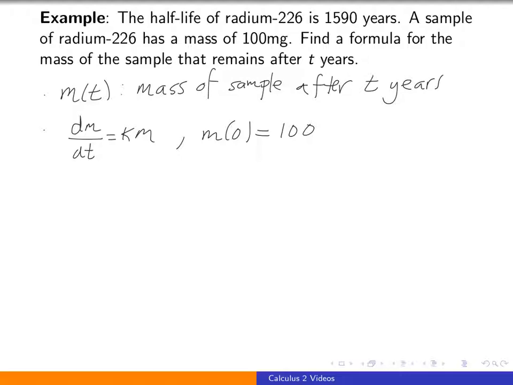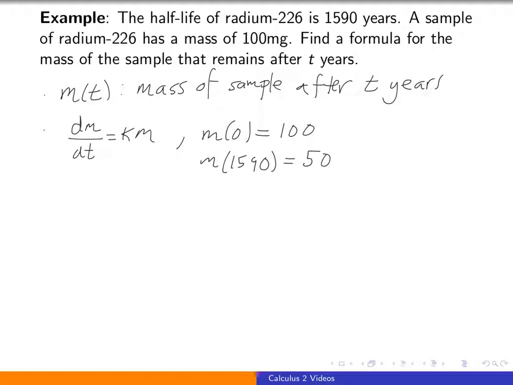We also know that the half-life is 1,590 years. So we know that the mass after 1,590 years is going to be half of what you started with. So 50.